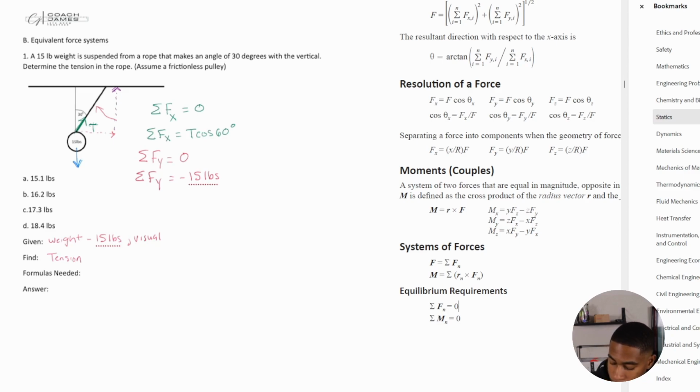And then what about T? So then we have plus T sine of 60. What did I choose? Sine.